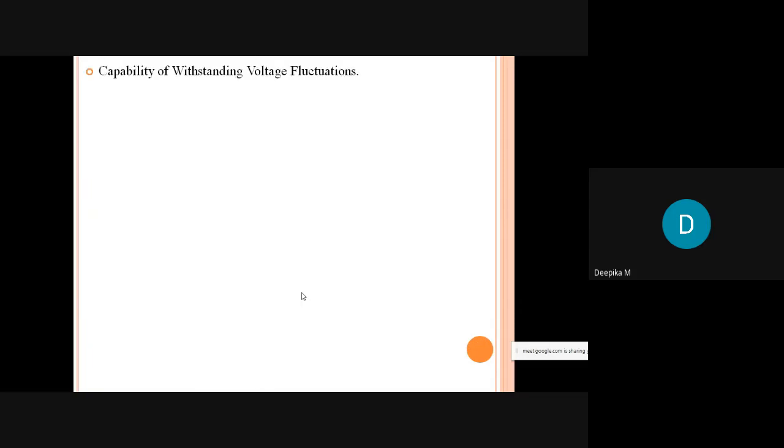So these are some of the electric characteristics, and we also have other characteristics. It should be capable of withstanding voltage fluctuations. That means the supply voltage will usually be fluctuating in nature. Therefore the motor should withstand this voltage fluctuation. That is one of the main considerations.